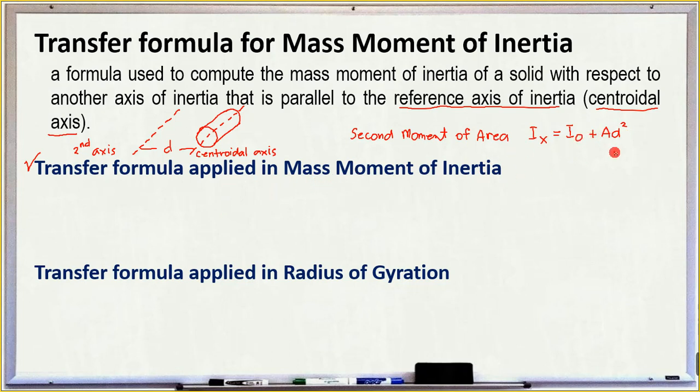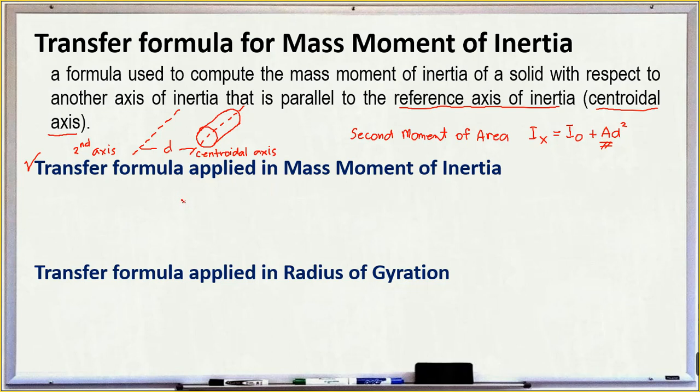The only difference is this one, on the second term at the right side of the equation. Instead of A, we're going to use the mass.